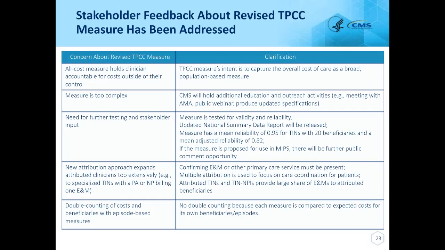Instead, what this is doing is comparing observed costs in each measure to expected costs given that beneficiary's comorbidities for that specific measure. And so double counting isn't a concern. Now there is a program level decision about how the measures will be used in combination, but that's distinct from the design of the measure itself. Next slide, please.